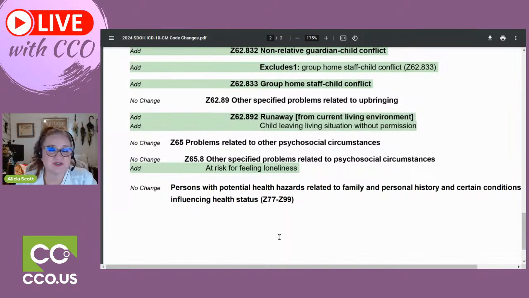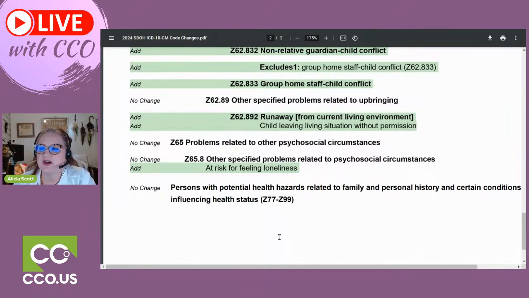This is a broad stroke. I don't think there's anybody out there that hasn't felt lonely at one time. But then you add in the verbiage at risk for feeling loneliness. Okay, that might be everybody. However, we want our providers to know that this has been expanded and is available within the code set.